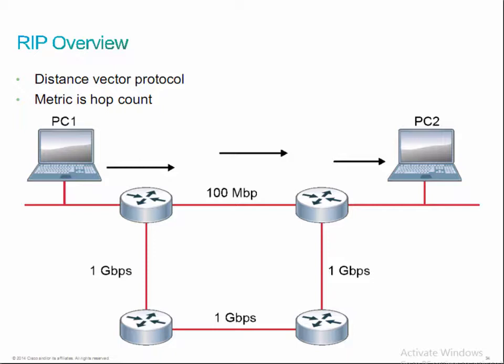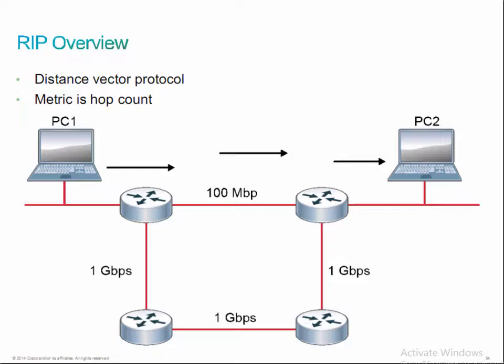We don't form neighbor adjacencies, for example. There's no formal adjacency process in RIP. We can define neighbors statically, but that's for the purpose of circumventing the use of multicast and simply using unicast to send messages back and forth. But we don't necessarily form full adjacencies. There's no neighbor table that we can look at. There is a topology database and there is a routing table, but that's pretty much it.